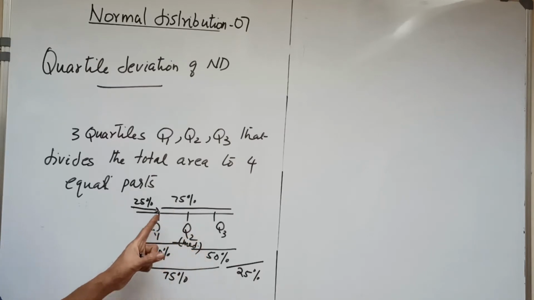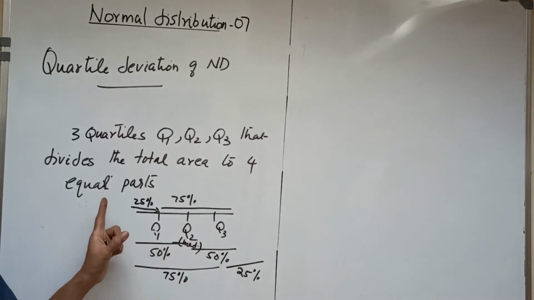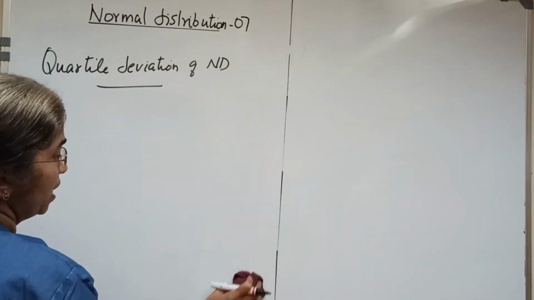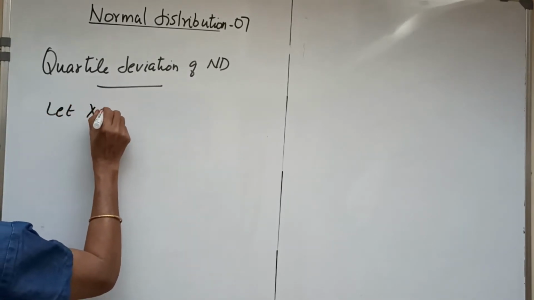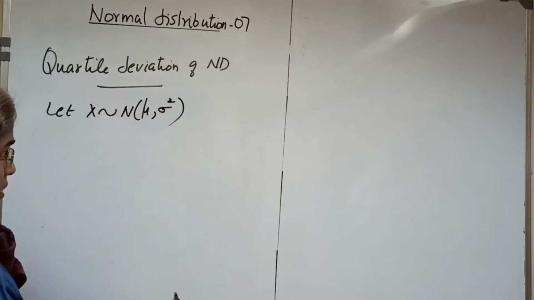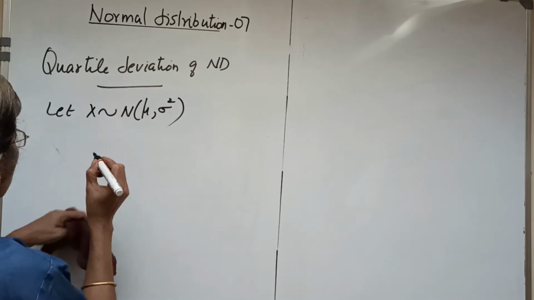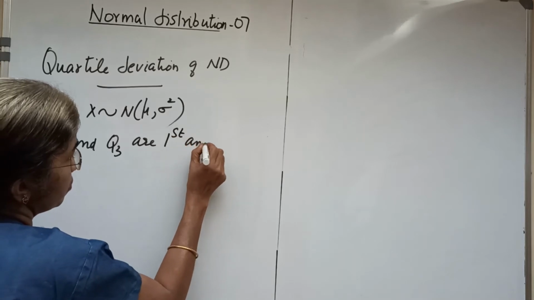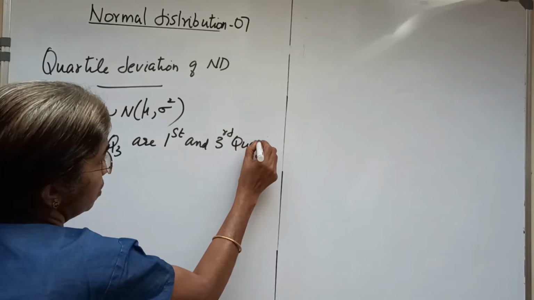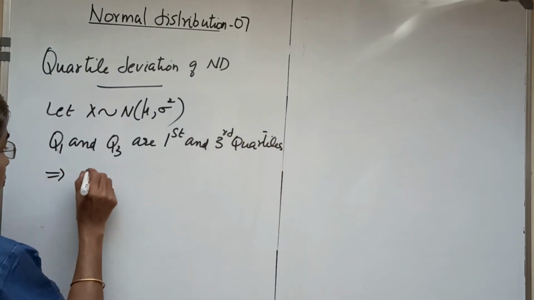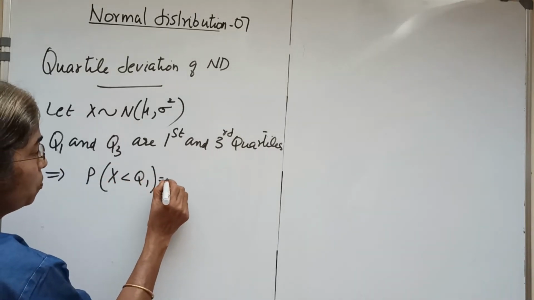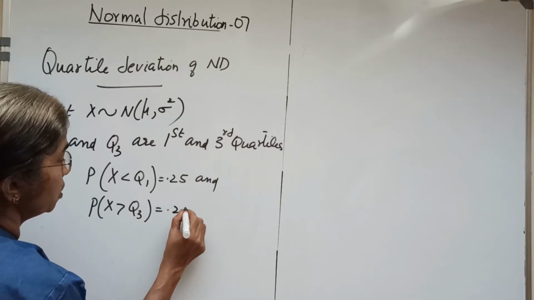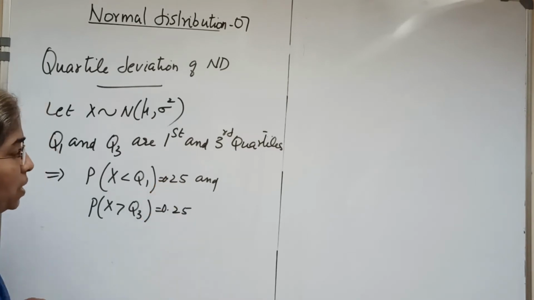And Q3 is such that 25% is above Q3, so probability x greater than Q3 is 0.25. So for the normal distribution, let x follow normal with mean mu and variance sigma square, and Q1 and Q3 are the first and third quartiles, which implies probability x less than Q1 equals 0.25 and probability x greater than Q3 equals 0.25.